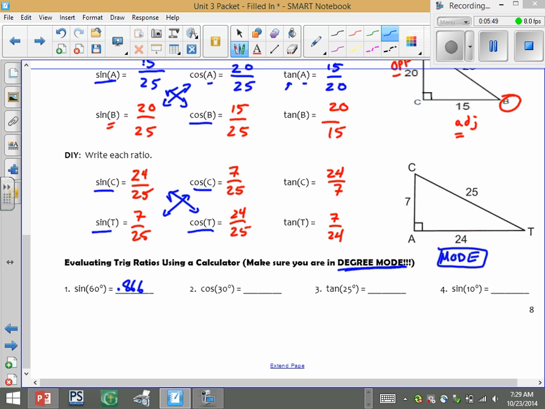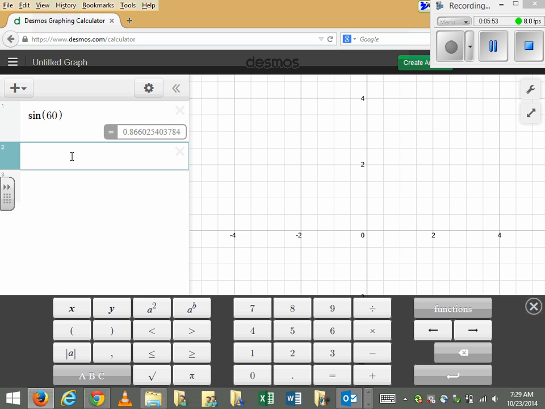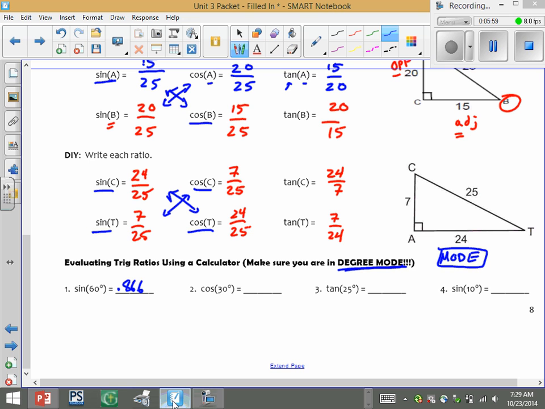If I keep working through these, the cosine of 30, I can literally just type cos 30. It's the same exact answer, 0.866. Just keep working your way through those. If you do the tangent of 25, you should end up with 0.466.